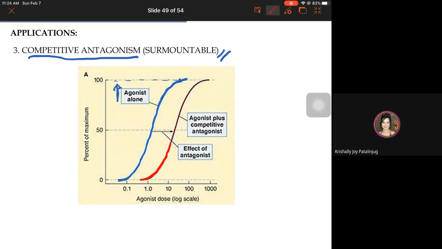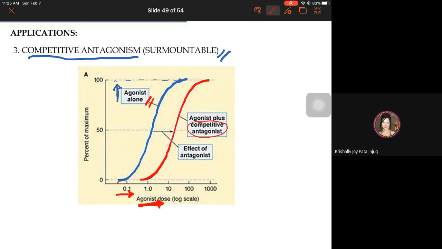From the initial dose of agonist alone, the second curve shifted to the right of the x-axis. We increased the dose to somehow surmount the effect of the presence of a competitive antagonist.